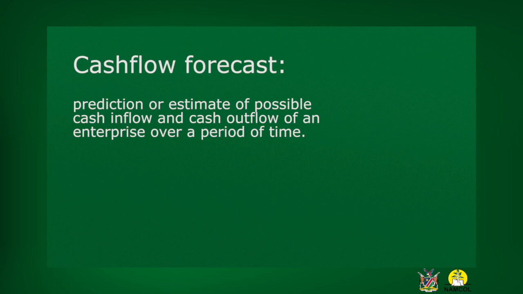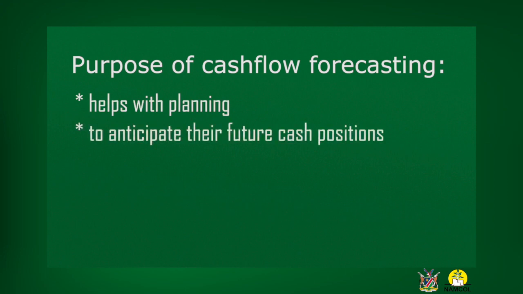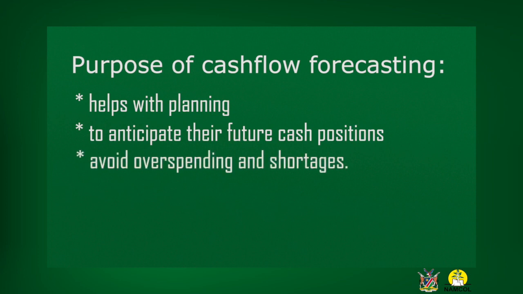Why do businesses want to predict their cash flow? Well, to plan, of course. Accurate cash flow forecasting helps an enterprise to anticipate their future cash positions. This helps them to avoid overspending and shortages. There are good reasons to anticipate the cash flow situation of an enterprise.